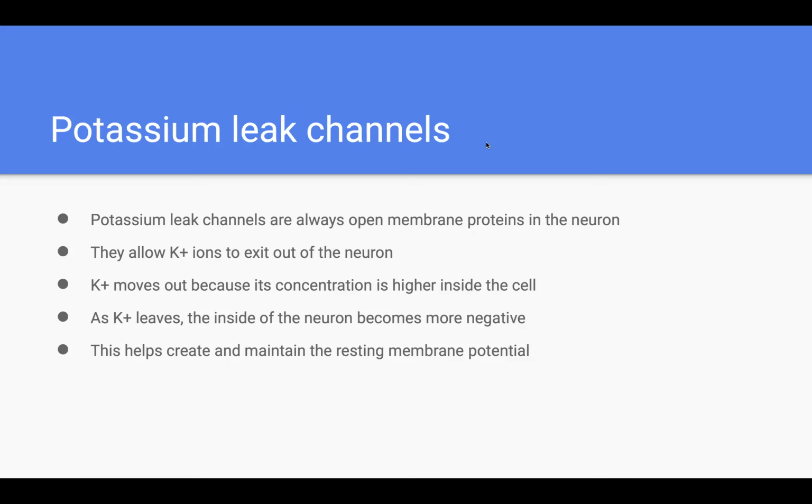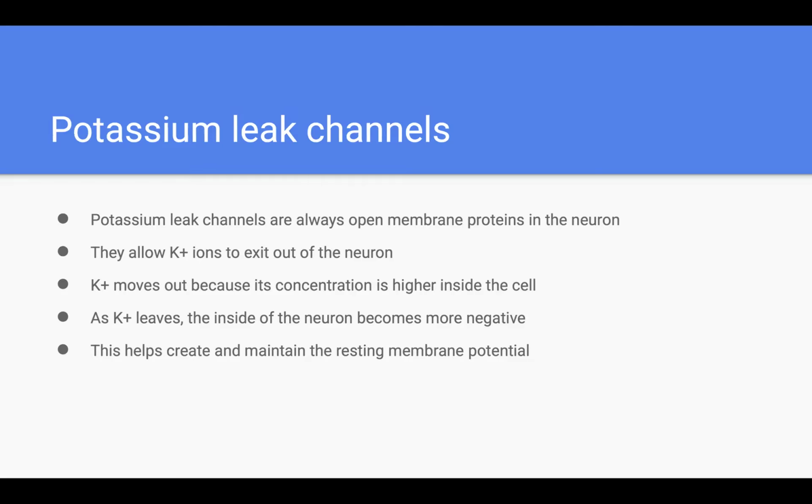Potassium leak channels are another big thing that we need to talk about. Potassium leak channels are always open membrane proteins in the neuron. They allow potassium ions to exit out of the neuron. And the reason why potassium ions move out is because its concentration is higher inside the cell, because potassium ions are always moving into the neurons.